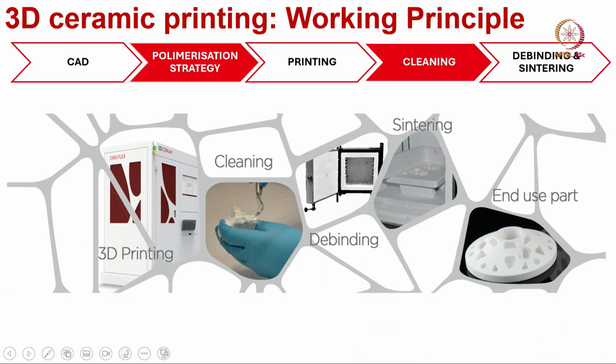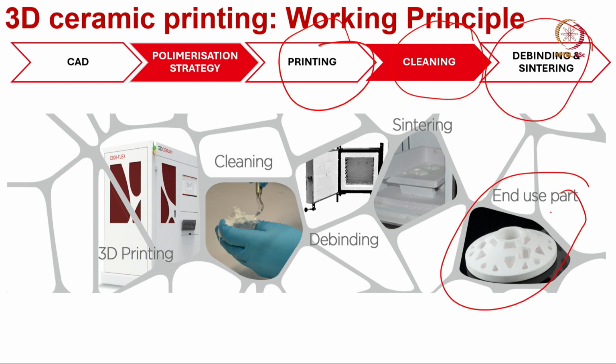How is ceramic printing commercially practiced as a technology? You have the CAD file, the stereolithography file, then you use ceramic powders loaded into a photo cross-linkable binder, and that undergoes polymerization when exposed to a laser beam. Printing is done layer by layer, then cleaning, debinding and sintering, and then you get this final part.